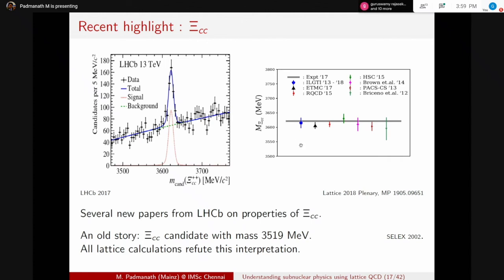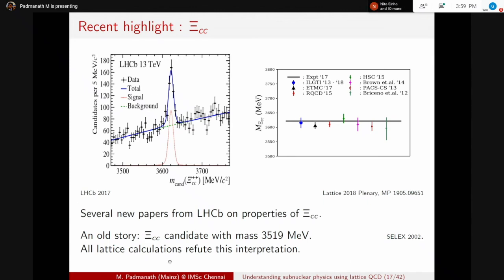I have a question. Wasn't there this old experiment which had seen hints of the doubly charmed cascade? I'm coming to that. Yes, you can already see that this is very well in agreement with the LHCb number.